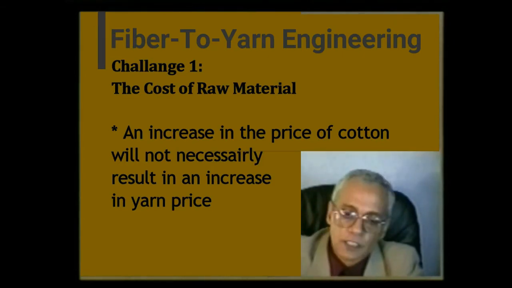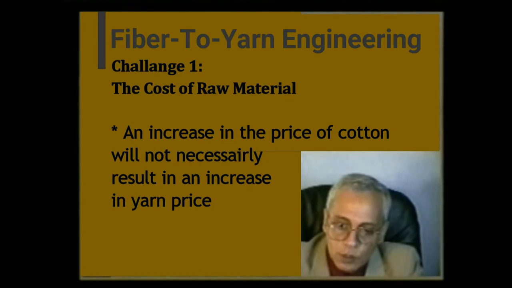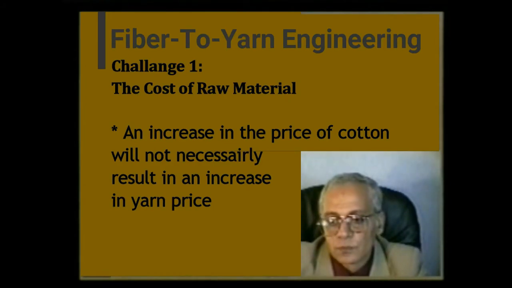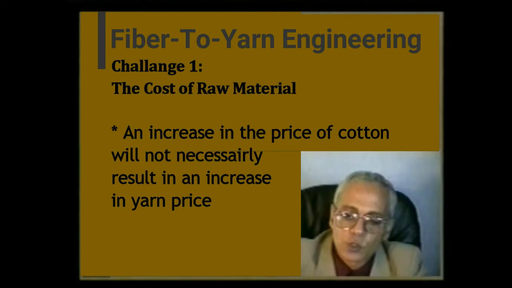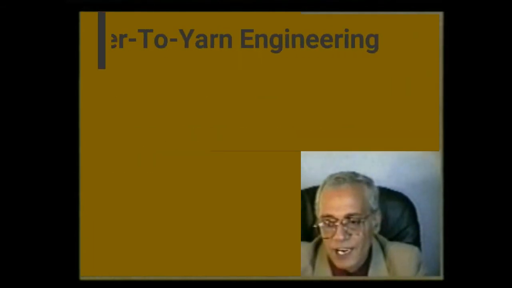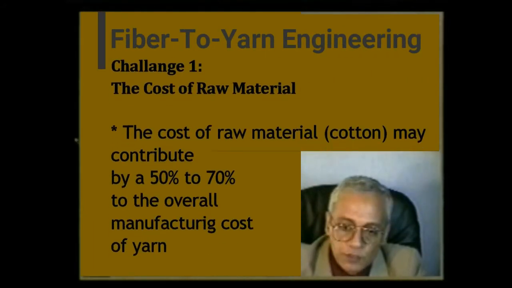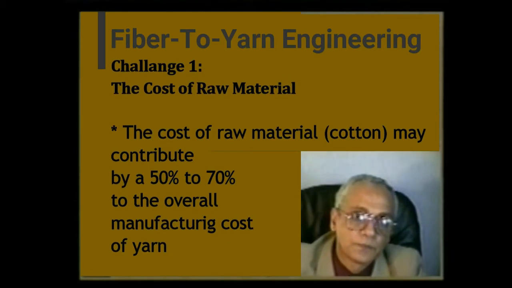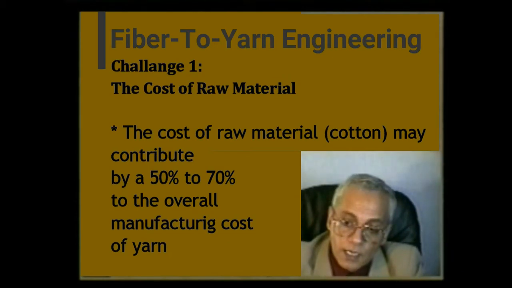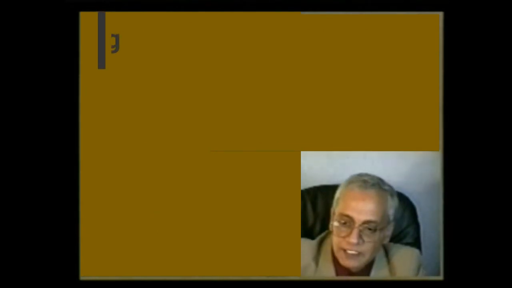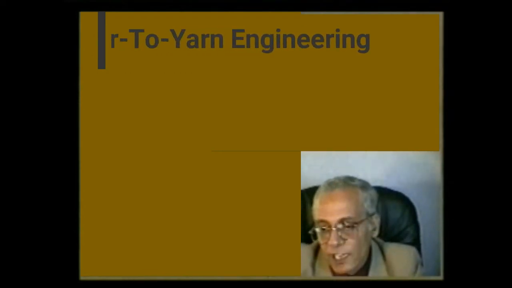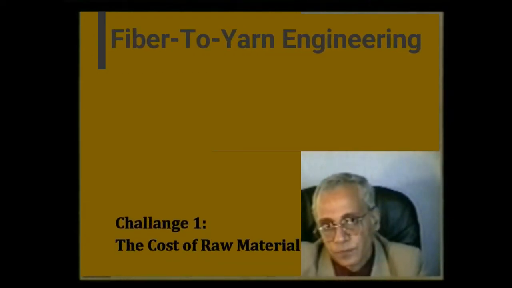To explain this a little bit, the cost of raw material with respect to the overall cost of yarn manufacturing may actually range from about 50% to 70%. The cost of yarn with respect to the overall manufacturing cost of a retail textile product may range from 30 to 60%.